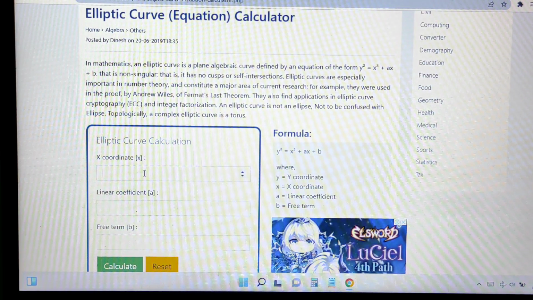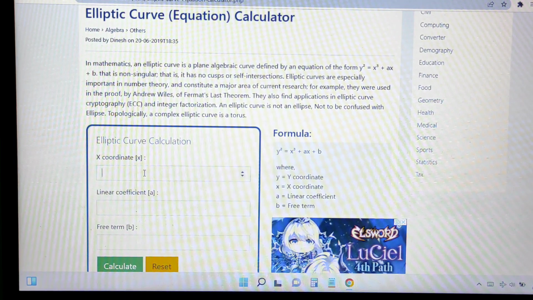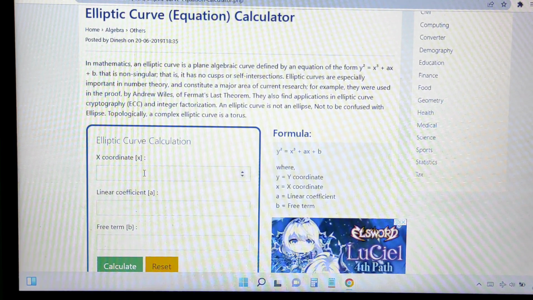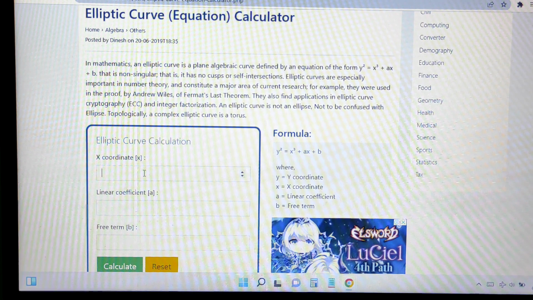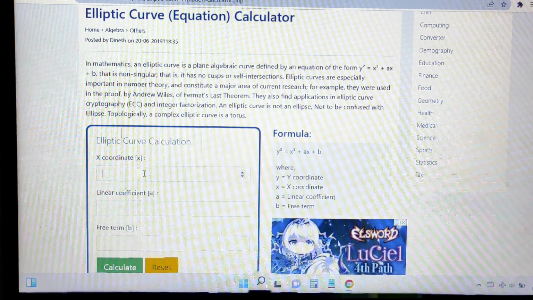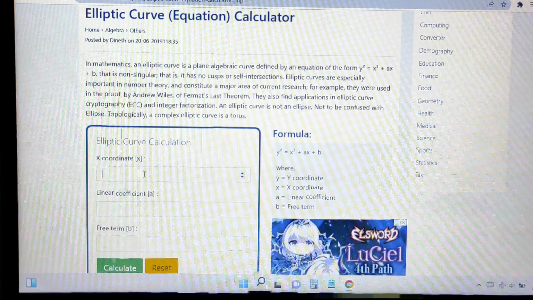Now, let's talk about the elliptic curve equation calculator. In mathematics, an elliptic curve is a plane algebraic curve defined by an equation of the form y squared equals x cubed plus ax plus b, that is non-singular. It has no cusps or self-intersections.